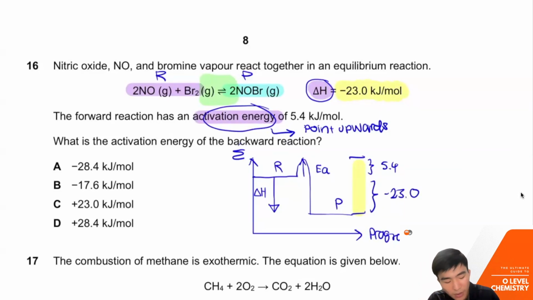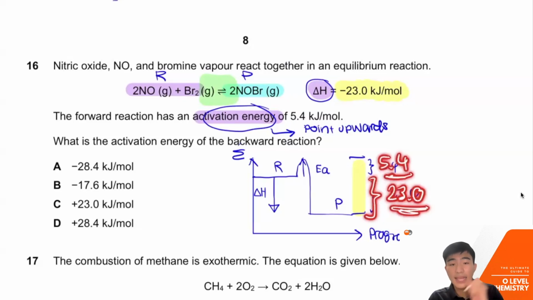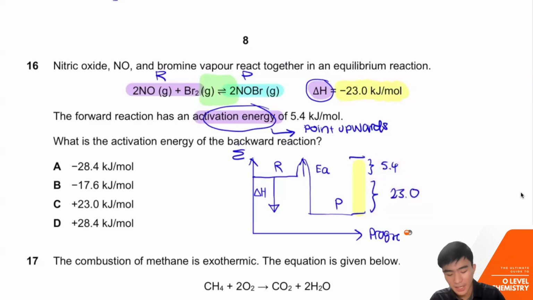23.0. Now, whenever I do this kind of situation, I don't like to put the positive or negative sign, because the positive negative sign when calculating is very confusing for me. So I just put the magnitude. I recommend that you do the same thing. Just put the number first. Later, we will figure out the positive negative. Like that, I put in 5.4, I put in 23.0. So I'm going to add these two values together.